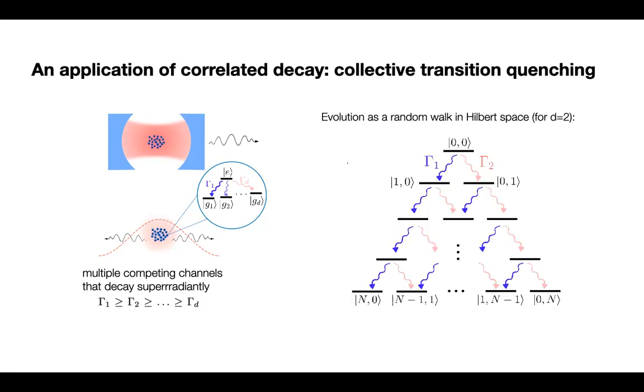If you take d equals 2 ground states, you can think of the evolution as a random walk in the Hilbert space, where the states are labeled by how many particles are in each of the ground states. We start with a fully inverted system, so we have 0 particles in each of these ground states.